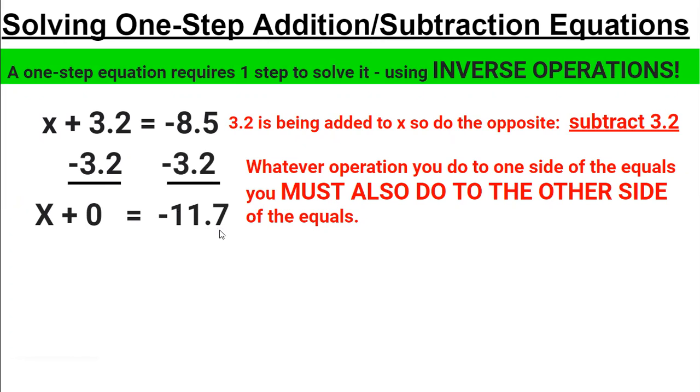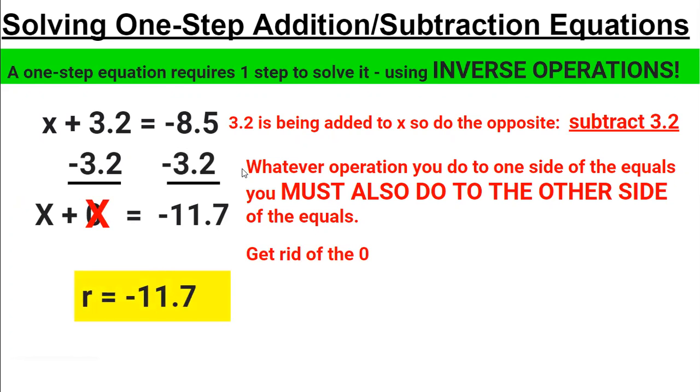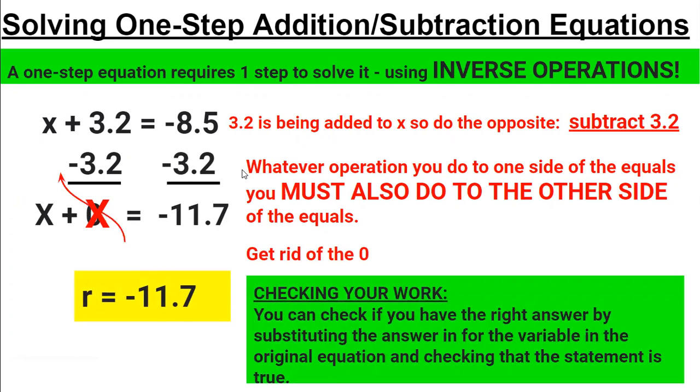It's getting more negative. And you get rid of the 0. X is equal to negative 11.7. To check it, you plug it back in for X. Negative 11.7 plus 3.2 leaves you an answer of negative 8.5. So it's true.